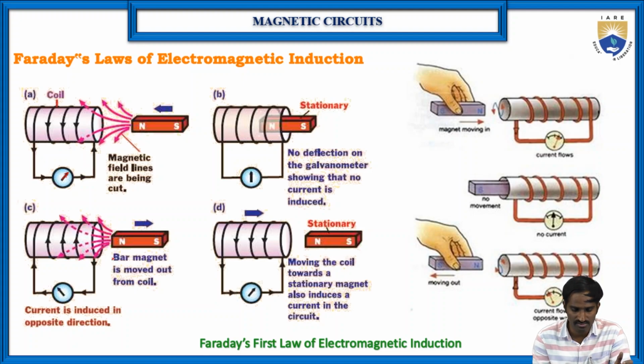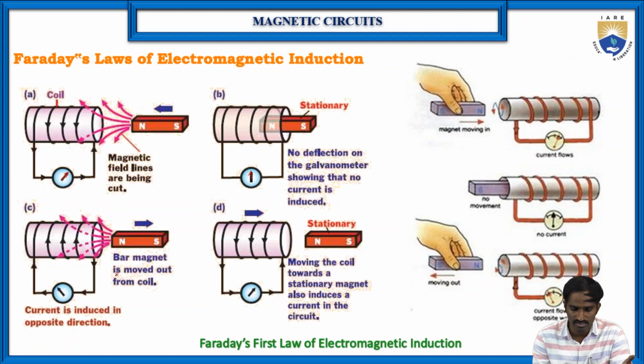In the second case, figure B, the coil is stationary and you are not moving the magnet, which means the magnetic field is also stationary and not changing with respect to time. That's why no EMF is induced in that coil, so the current flowing through that coil is also zero.